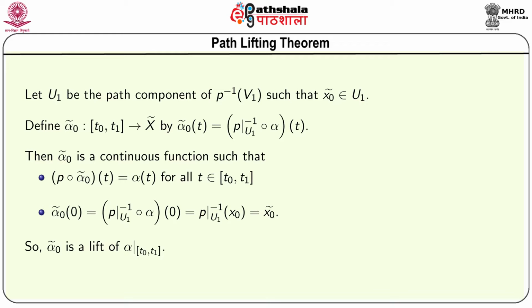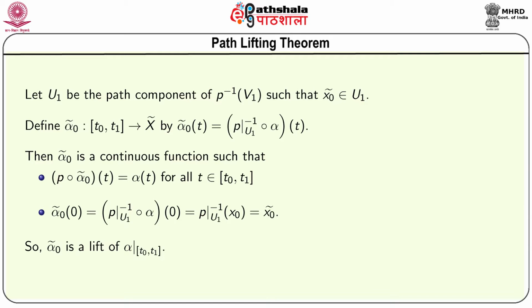Now, let U1 be the path component of P inverse of V1 such that x0 tilde is a point in U1. We define a function alpha 0 tilde on the subinterval t0 to t1 by the formula that it is the composite of the inverse of P restricted to U1 with alpha.